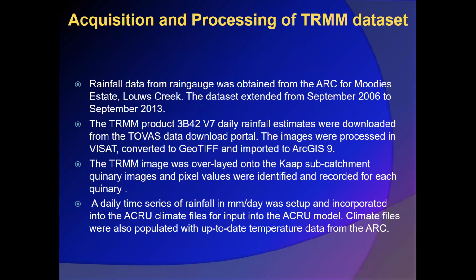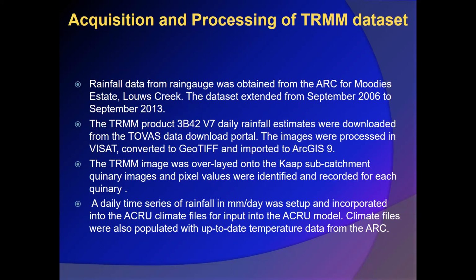That TRMM image was laid over the catchment according to the quinary images that were available to us, and pixel values were identified and recorded for each of the quinaries. From those pixel values, a daily time series of rainfall was set up and incorporated into the ACRU model.